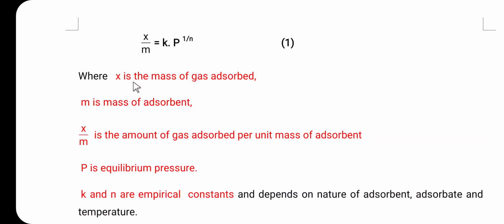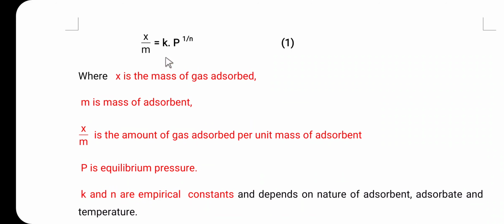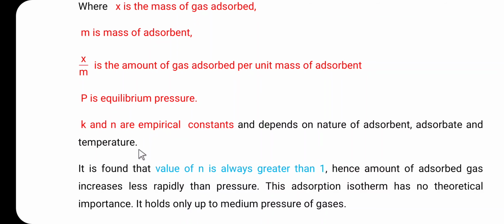In this equation, x is the mass of the gas adsorbed, and m is the mass of the adsorbent. Here x/m is the amount of gas adsorbed per unit mass of the adsorbent. p is the equilibrium pressure, and k and n are empirical constants. They depend on the nature of the adsorbate as well as on temperature.